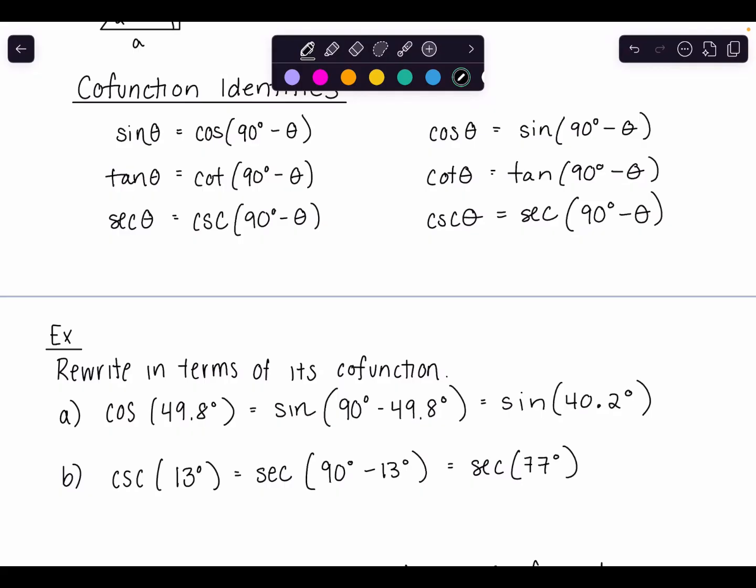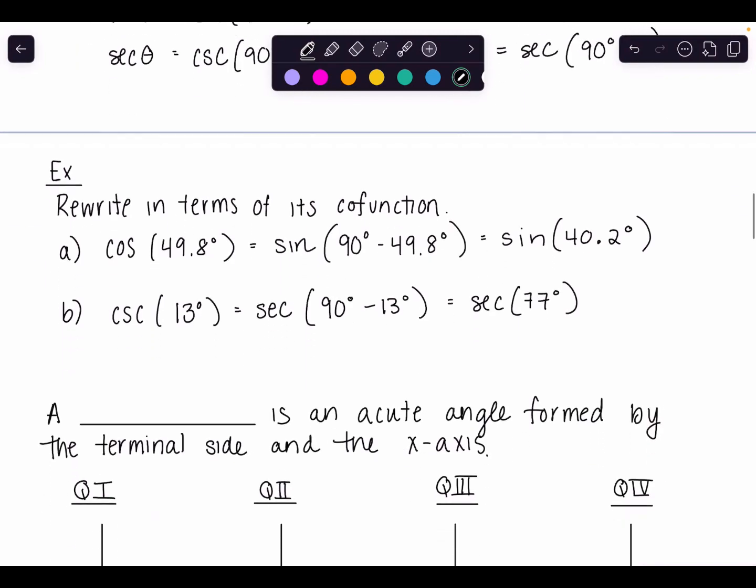All right. So the last thing we're really going to talk about are reference angles and how we can utilize these key ones to then help us figure out sine, cosine, tangent in different quadrants. So again, you can always draw that triangle like we did before, but realistically, reference angles are exactly what we're doing.